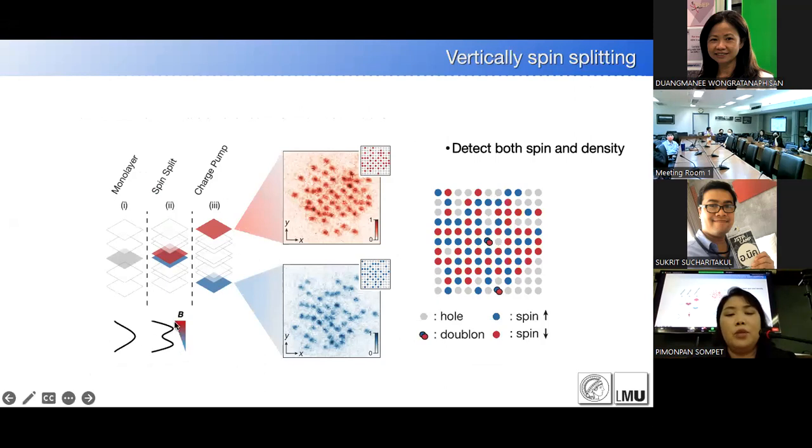Because we put the gradient like this, at the same time we load into the double well configuration, the atom will seek the low field and go to the bottom, while the atom with spin down will seek the high field and go to the top well. And that way we can split atoms from one plane into two planes. Then we move them further away from each other, because if they are too close, we cannot take an image without interference between the other plane.